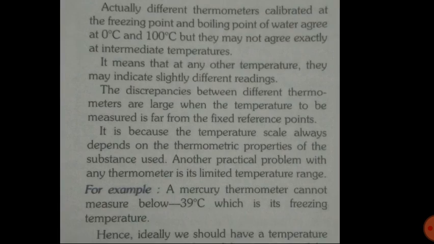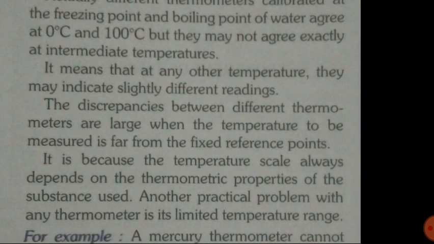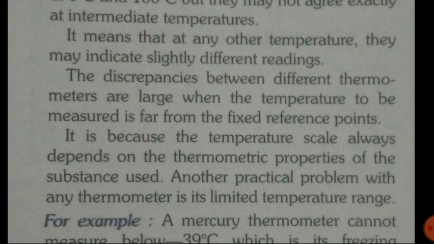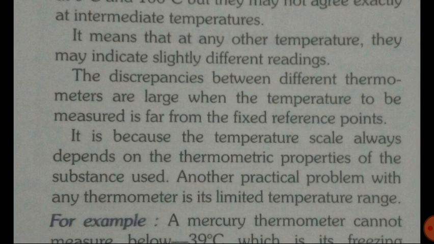Here you can see that any other temperature indicates a slightly different reading. The disparities between different thermometers are large when the temperature to be measured is far from the fixed reference point. Like in degree Celsius the lower point is 0 degree, but in Fahrenheit the lower point is 32 degree.